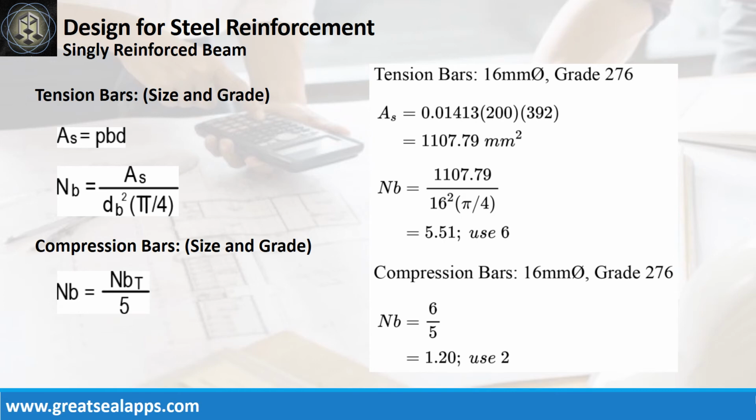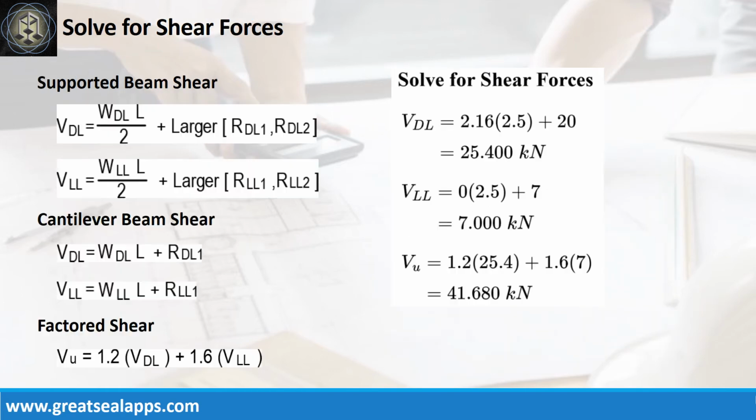Given rho equals 0.01413, b equals 200 mm, and d equals 392 mm, the area of steel for tension bars is 1107.79 square millimeters, and the number of bars for 16 mm bar is 6. The number of compression bars is 2.